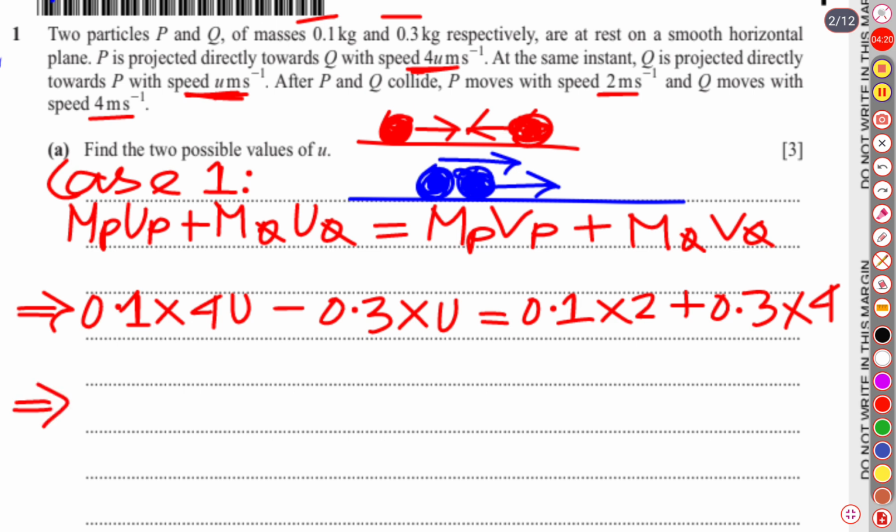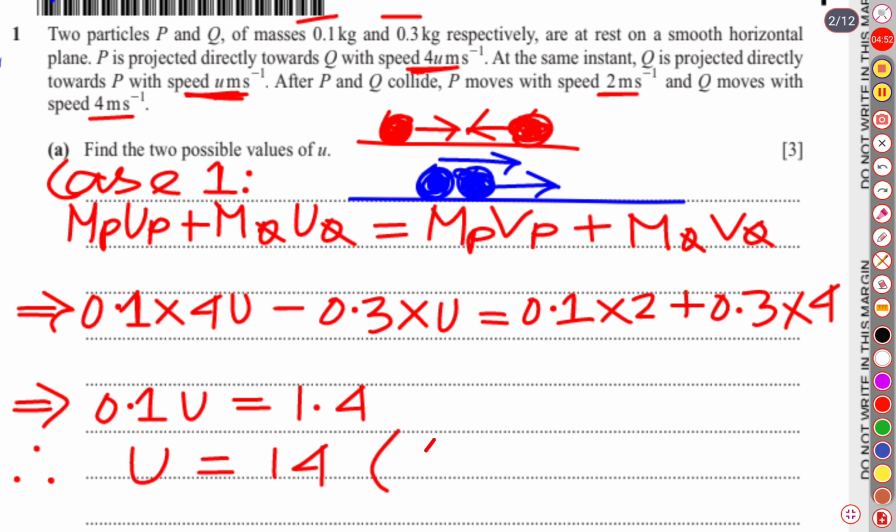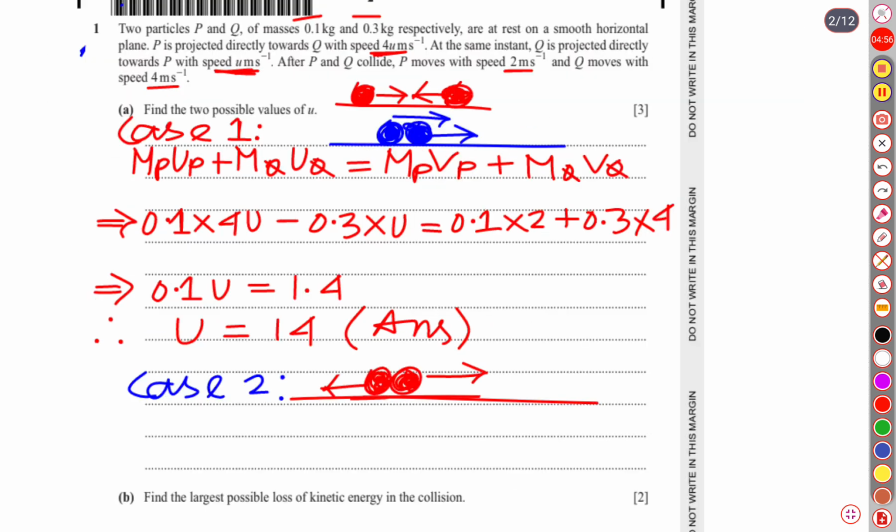It is 0.4 minus 0.3u, and on the right side, 0.1 twos are 0.2, 0.3 fours are 1.2, so 1.2 plus 0.2 is 1.4. Dividing 1.4 by 0.1, u is equal to 14 meter per second. This is the first case, the first value of u.